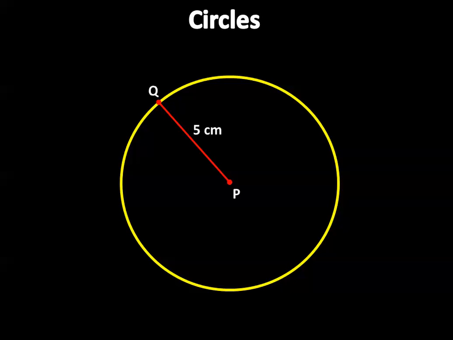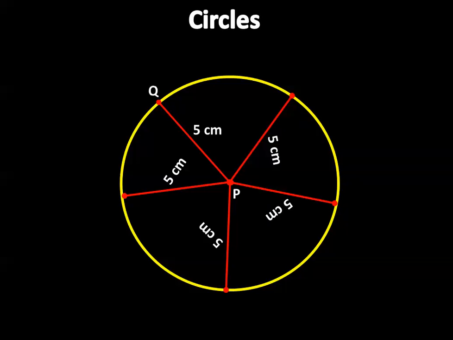Because all points on a circle are the same distance from the center, all radii of a given circle are congruent and have the same length. And just FYI, the plural of radius is radii, not radiuses. Okay? It's radii. And each one of those red segments represents a radius.